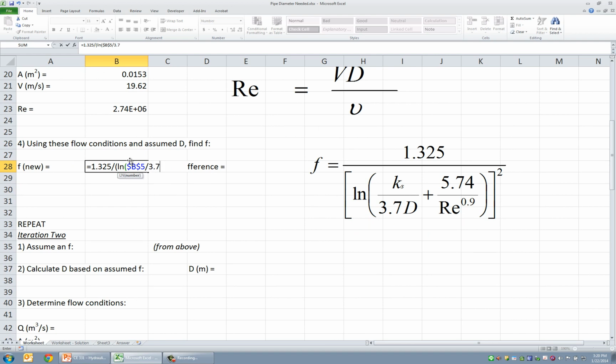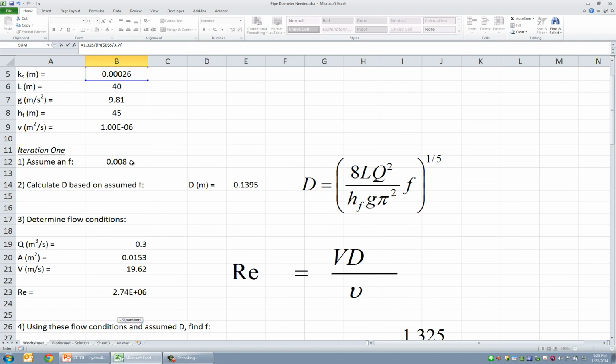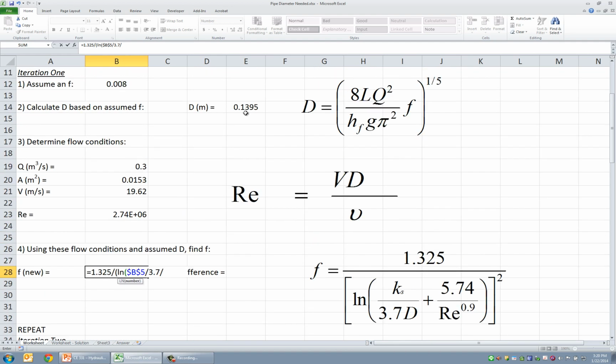And remember, I told you that I sometimes do this funny trick where instead of multiplying in the denominator, I just divide again. So divide by this d that we're working with in this step, plus, now I'm working on this side of the term, 5.74 divided by the Reynolds number to the power of 0.9.